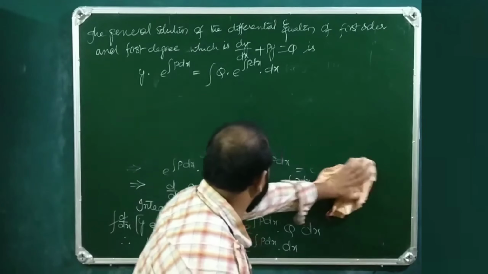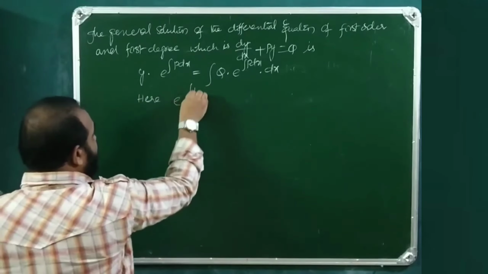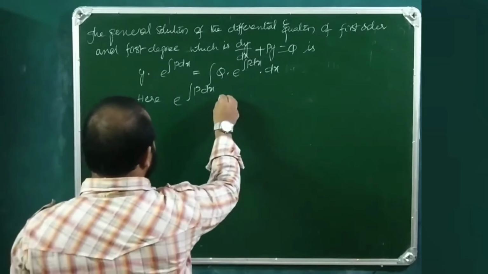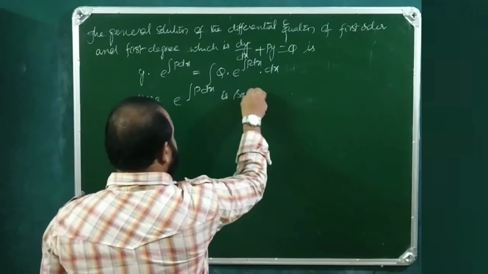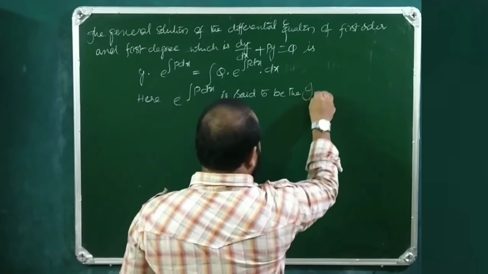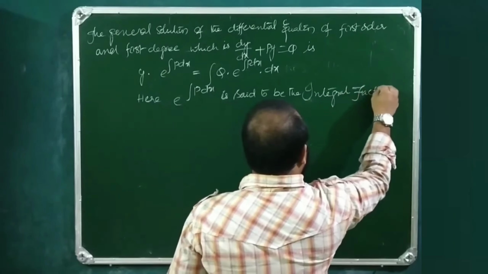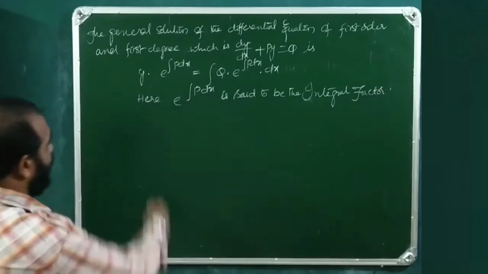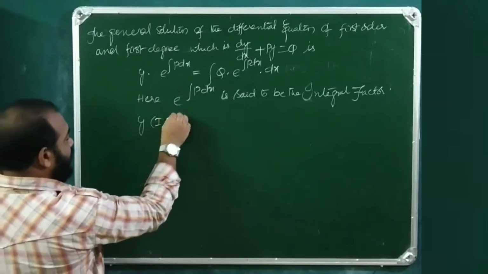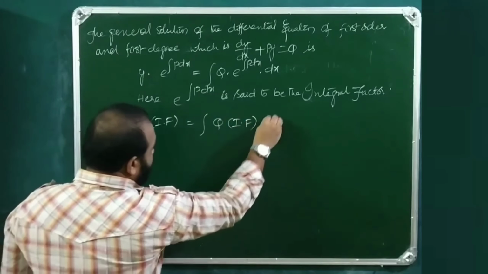Here e power integral p dx is said to be the integral factor. So therefore, it can be rewritten as y into integral factor is equal to integral q into integral factor into dx.